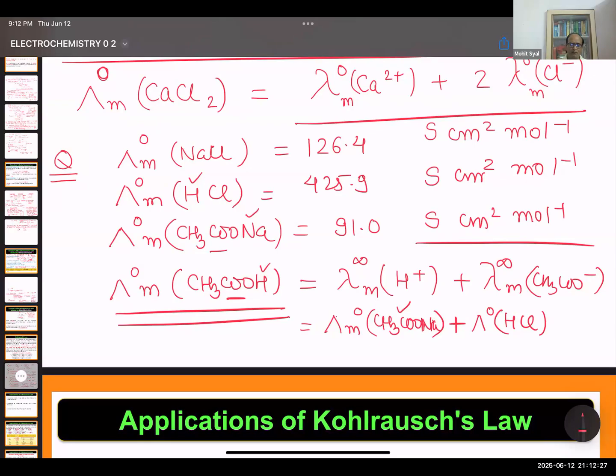We need acetate ion, we need H plus ion. So I have taken the sodium acetate for the acetate ion and HCl for the H plus ion. But along with this, sodium also came in, Cl also came in, which I don't want. I want only acetate and H plus ion. So I need to remove the molar ionic conductivity of Na plus and Cl minus.